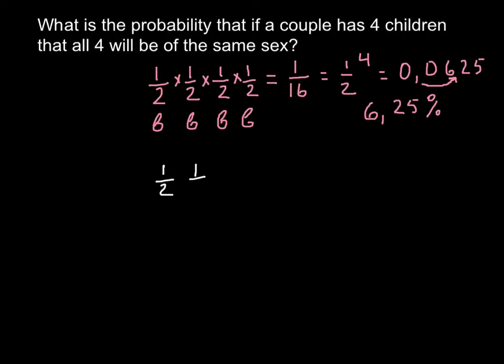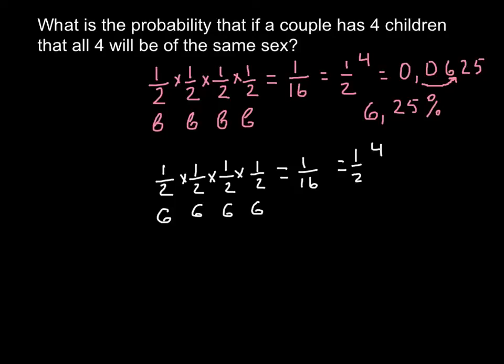Each time we have a girl, 4 girls in a row, it is the same probability. So all the figures would be the same, and it's up to you which way you prefer to see the answer. I usually like a percentage.